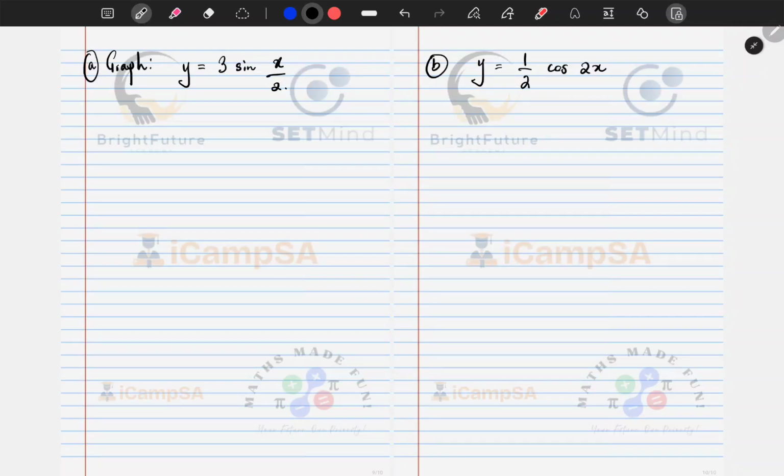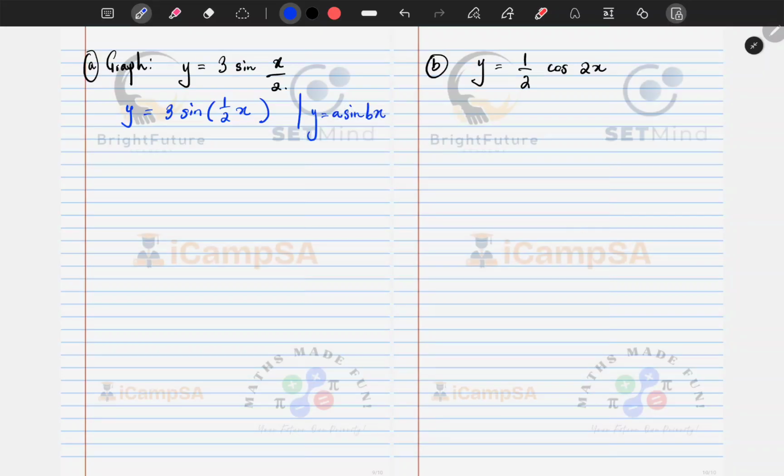So what I'm going to do is try to write this in its easiest form. I'm just going to say y equals 3 sine, and then I'll open a bracket, 1 over 2 x. So now I have written this in the form y equals a sine bx.